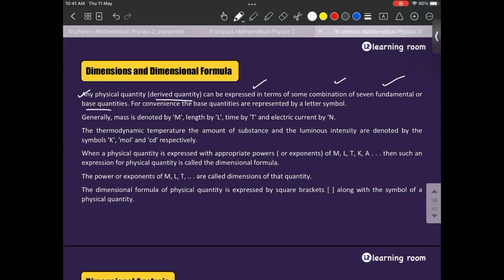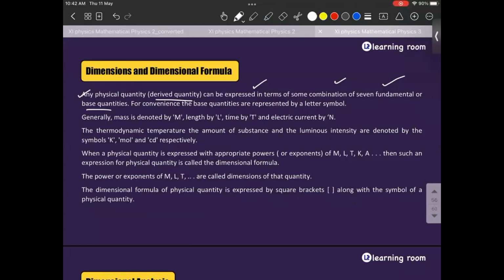So now what we are going to do is, instead of breaking our heads over which units I am supposed to present the answer in, I'll take certain letters for those fundamental quantities. For example, let's recollect the fundamental quantities that we know in the SI system: mass, length, time, thermodynamic temperature, luminous intensity, electric current, and amount of substance.